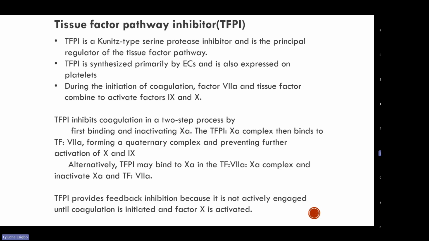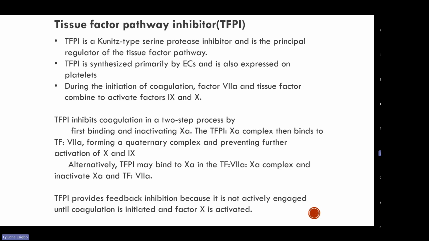Then the tissue factor pathway inhibitor. See, tissue factor pathway inhibitor inhibits coagulation in a two-step process. So it's going to inhibit the process of that tissue factor-factor 7 complex, which we call the extrinsic pathway, using the plasma-based model of coagulation.